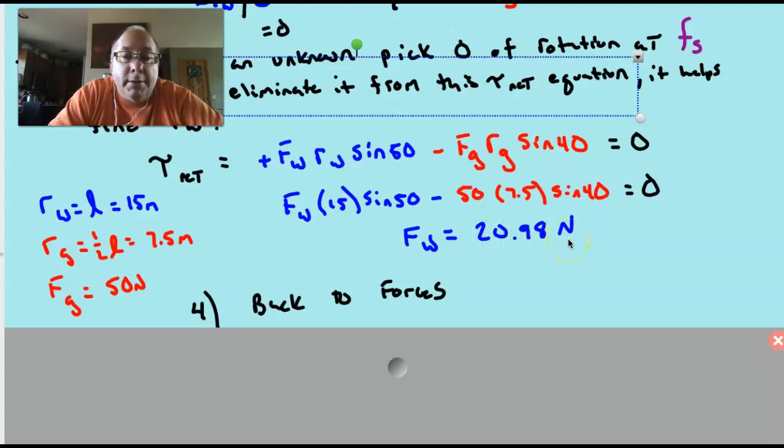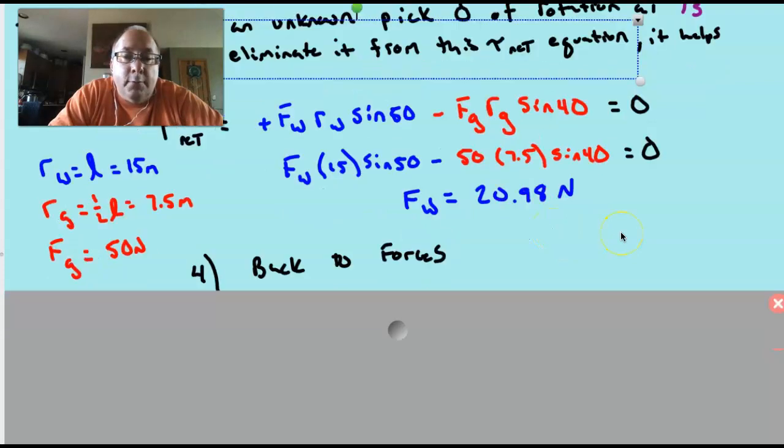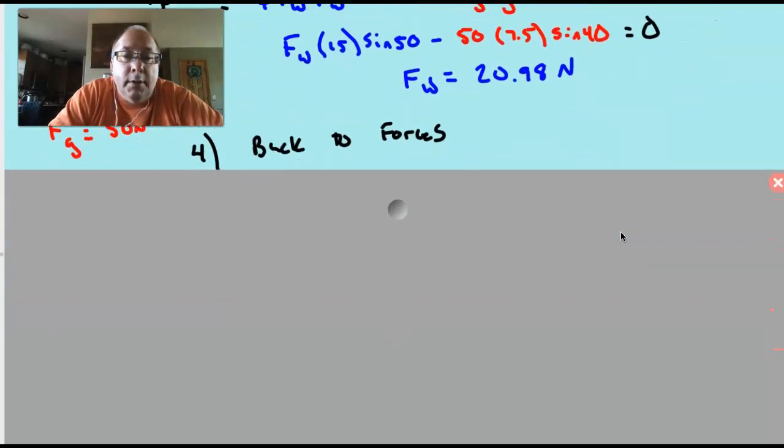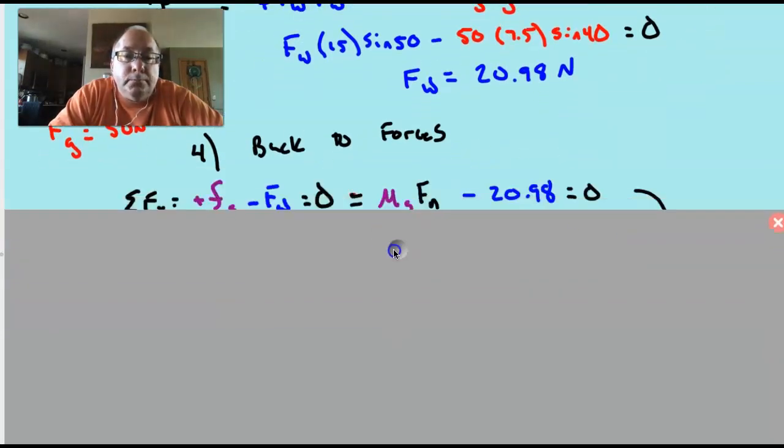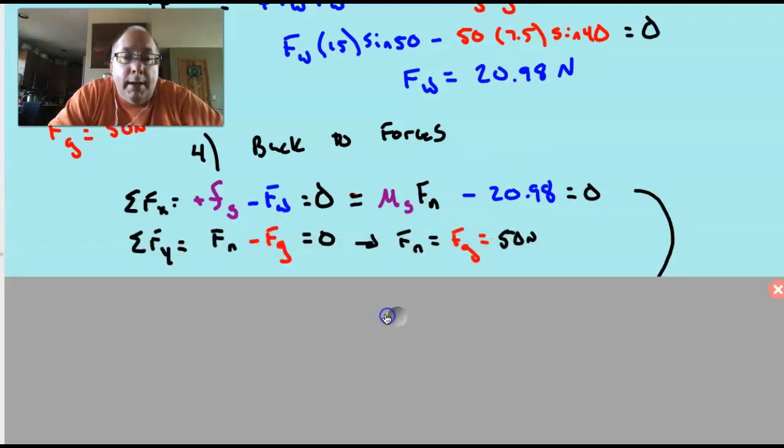Now we have to go back to the force equations. We've found something that we need in the force equations to eventually get to mu from the torque equation. So coming back to what we had up above, notice this is our goal. If we rewrite this, mu sub s times F sub n for our force of static friction, we just found the wall force, and we can see that the only other thing we would need to find mu sub s is the normal force, which we can find from the y direction.